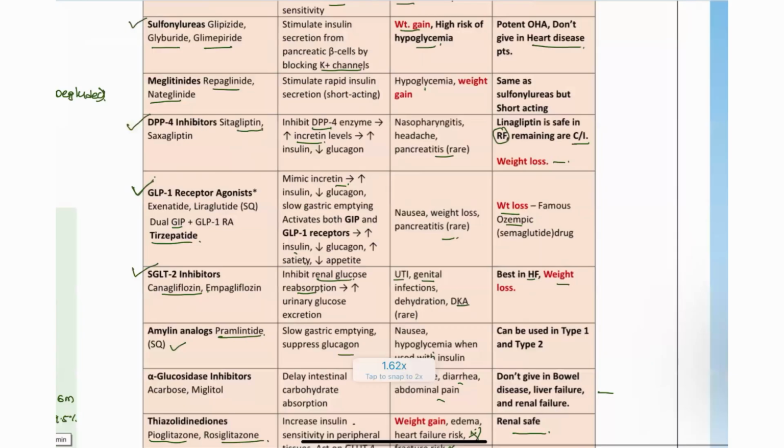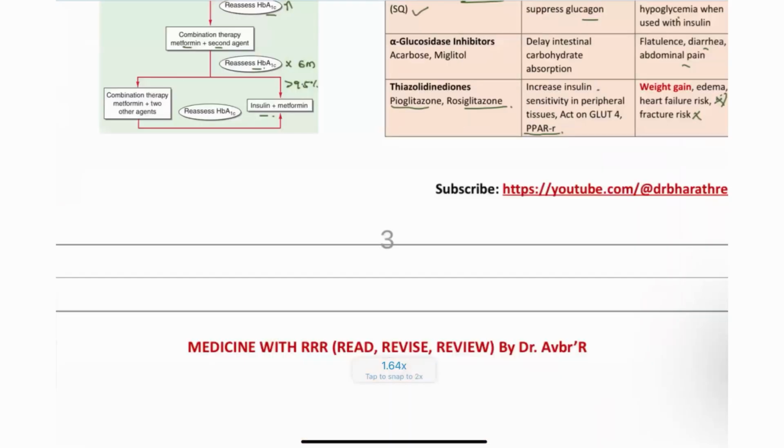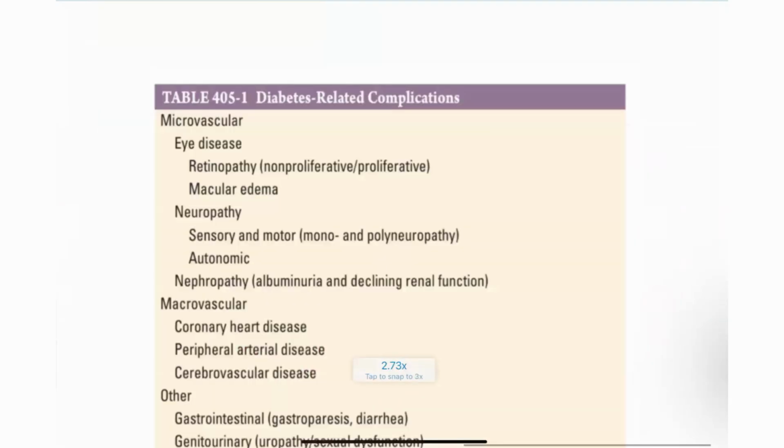Next, moving on to the complications. Okay, first you see the complications can be microvascular or macrovascular. What are the microvascular complications? Eye disease such as retinopathy, neuropathy, and nephropathy. For example, the eyes have very small vessels, and in the glomeruli also, so these are microvascular.